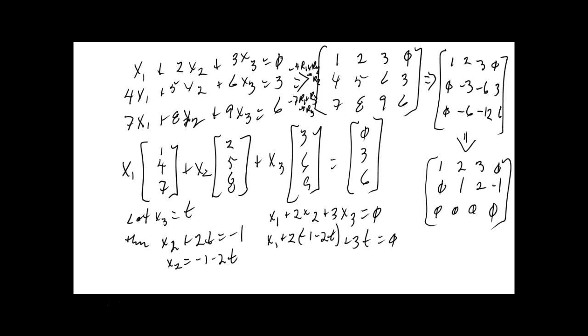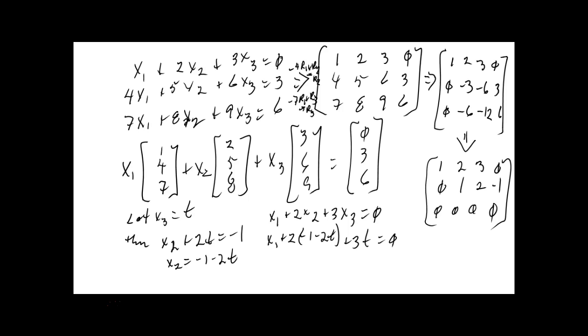Oh, you plugged in. Okay. That's right. You plugged in what we found for x2. Let this variable, because this doesn't have a leading 1, let that be your parameter, t. And then the second equation, x2 plus 2t is minus 1, so x2 would be minus 1 minus 2t.